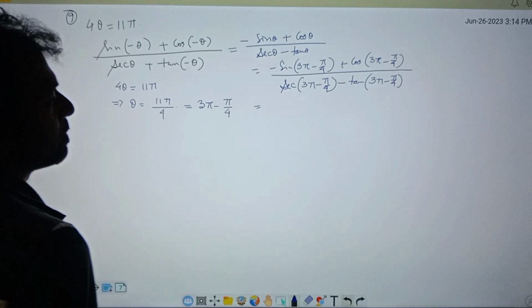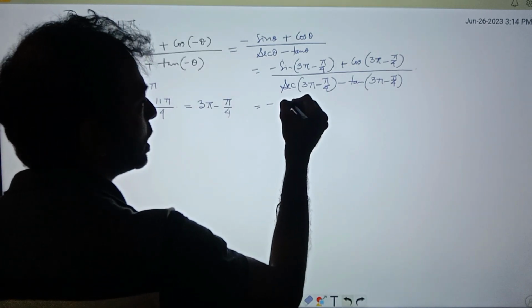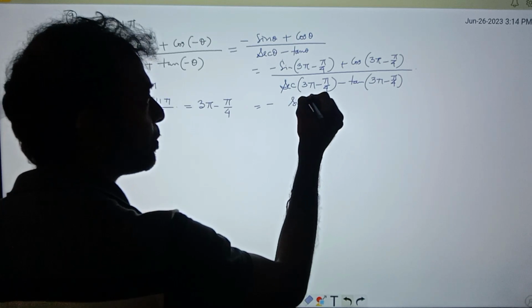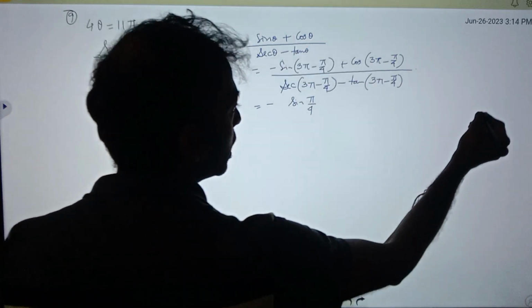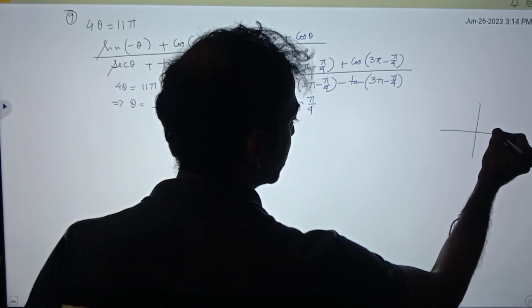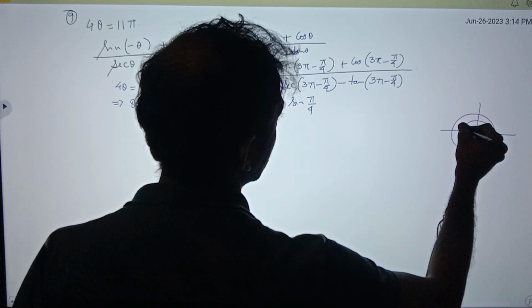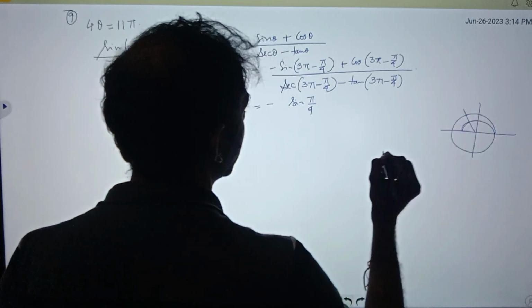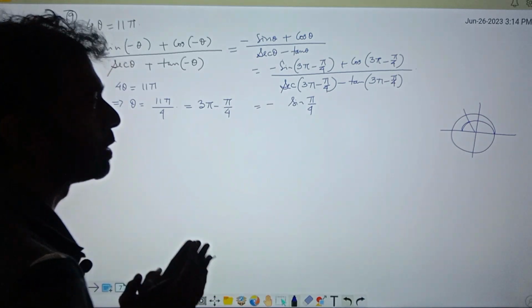Now, sine 3 pi minus pi by 4 is going to be minus of sine pi by 4. Just need to draw the diagram here: that is pi, that is 2 pi, and that is 3 pi. 3 pi minus pi by 4 will lie in the second quadrant, and in the second quadrant sine is always positive. So that's why that will be minus sine pi by 4.